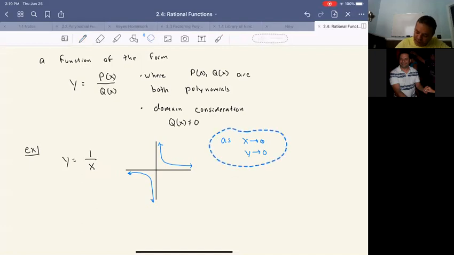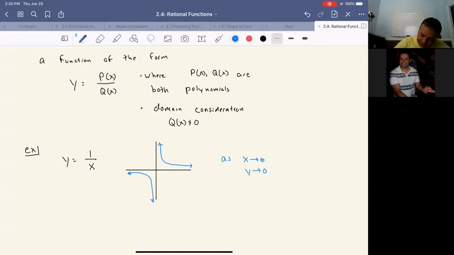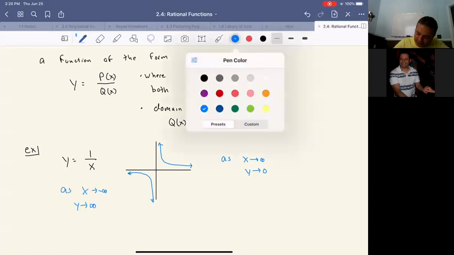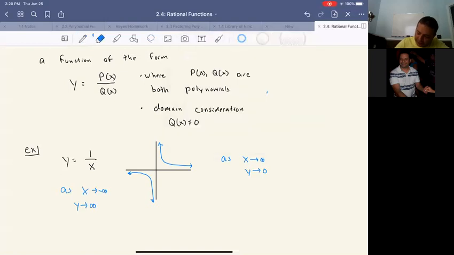I like moving these to be close to where it's happening. So as x goes to negative infinity, y goes to 0. Okay? Another thing that's happening is that as you're getting close to 0, you're going to go up to infinity there. But this is getting close to 0 from the right. So we're going to write this piece in orange.